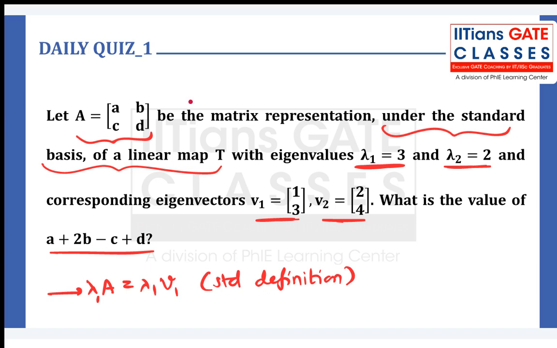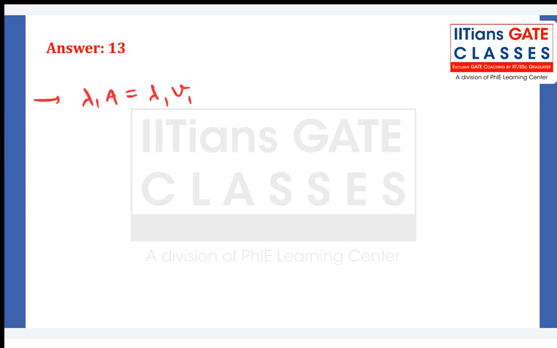Yeah, it is A into v1, because you don't multiply the eigenvalue with the original matrix, you multiply by eigenvectors. I was wondering there is something missing here. It's not lambda 1 into A, it is A into v1. So you post-multiply the given matrix by the eigenvector, and that should be equal to the corresponding lambda into that eigenvector. Okay, so now it makes sense.